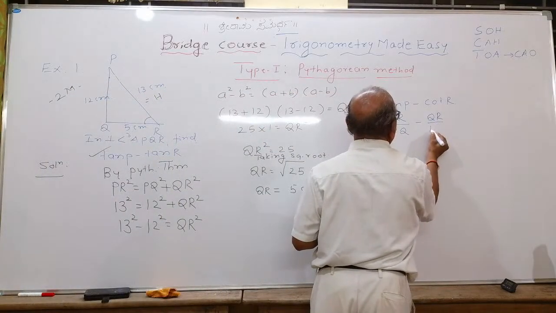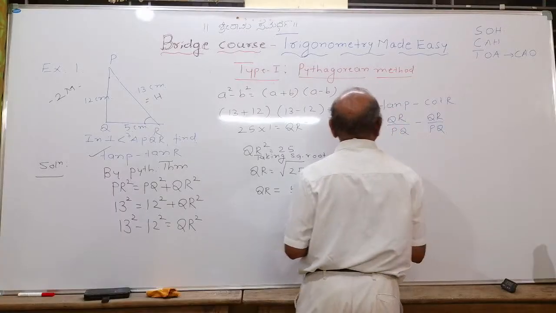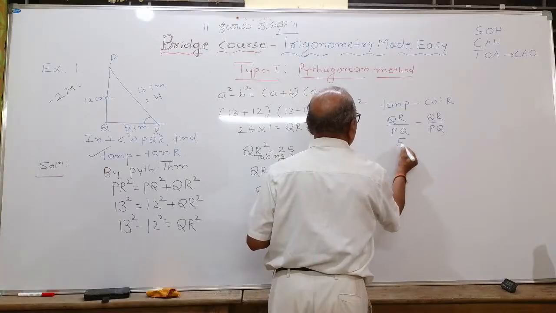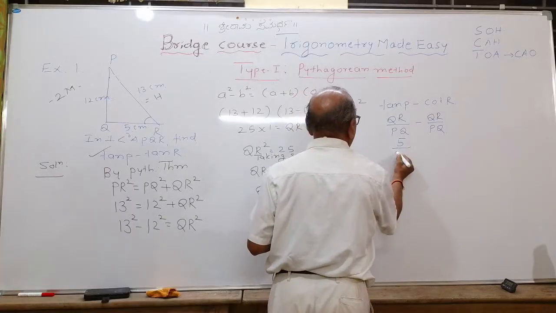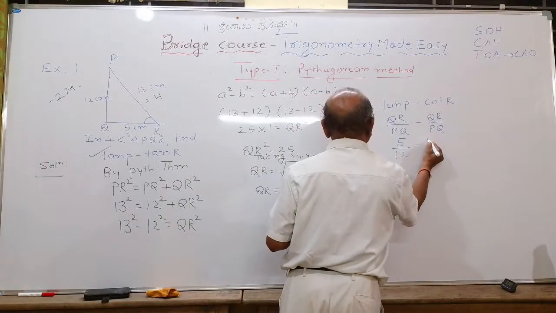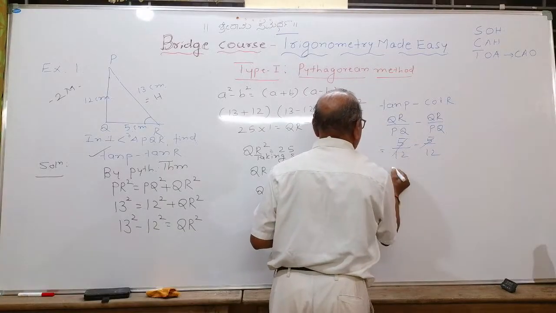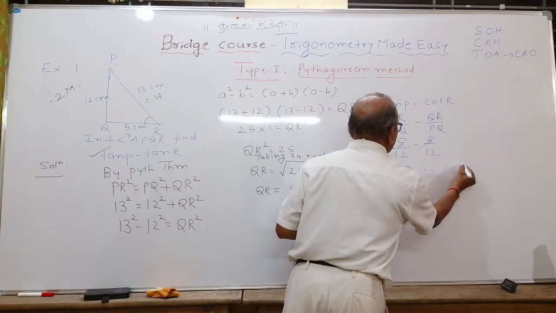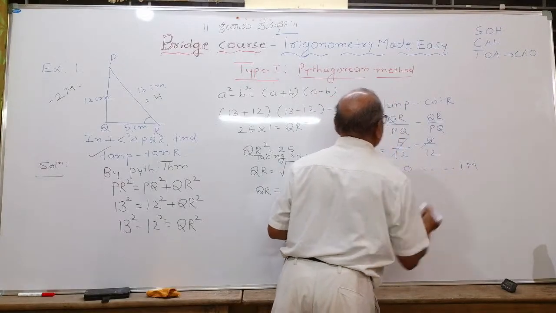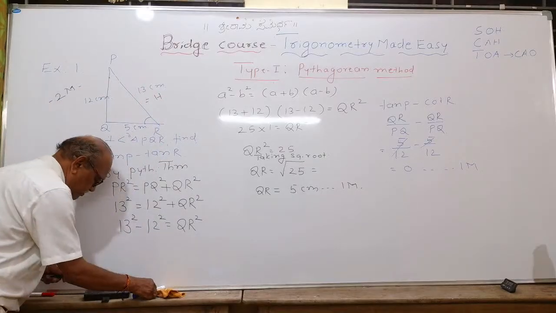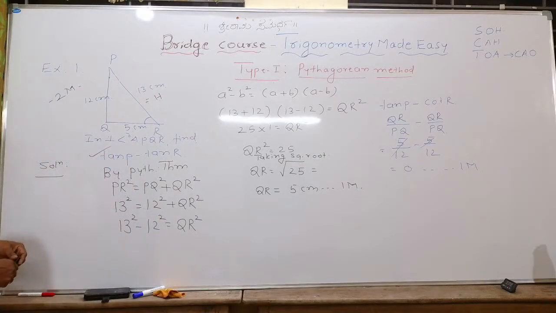You need not even substitute the values. Here you can understand what the QR length is. It is 5 and PQ length is 12, so 5 by 12 minus 5 by 12. Plus and minus cancel, so you will get the answer as 0. For this you will get 1 mark. Suppose the question appears for 2 marks, you have to solve it like this. I hope you understood, my dear students.